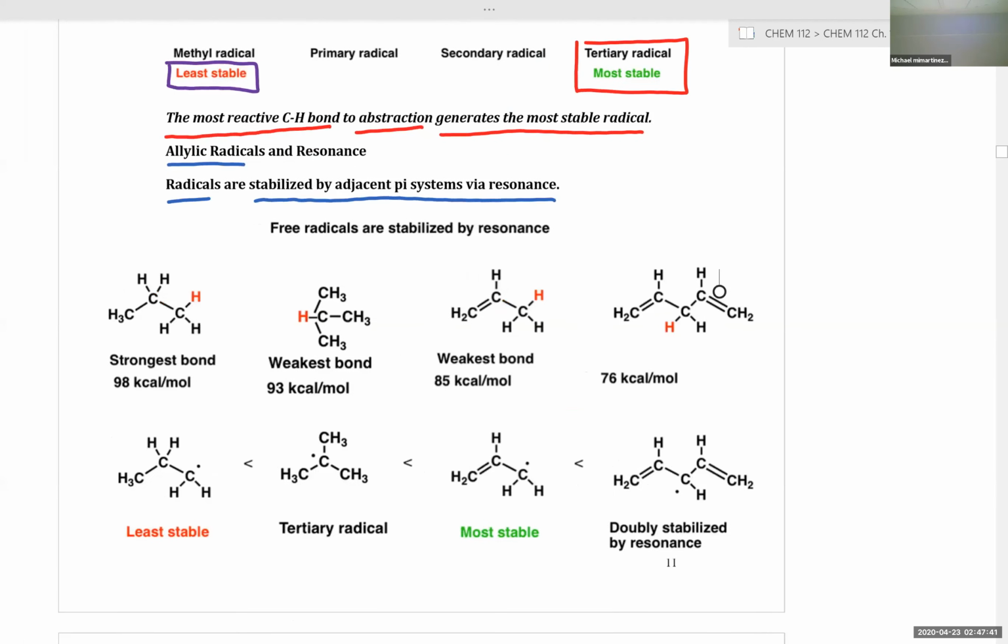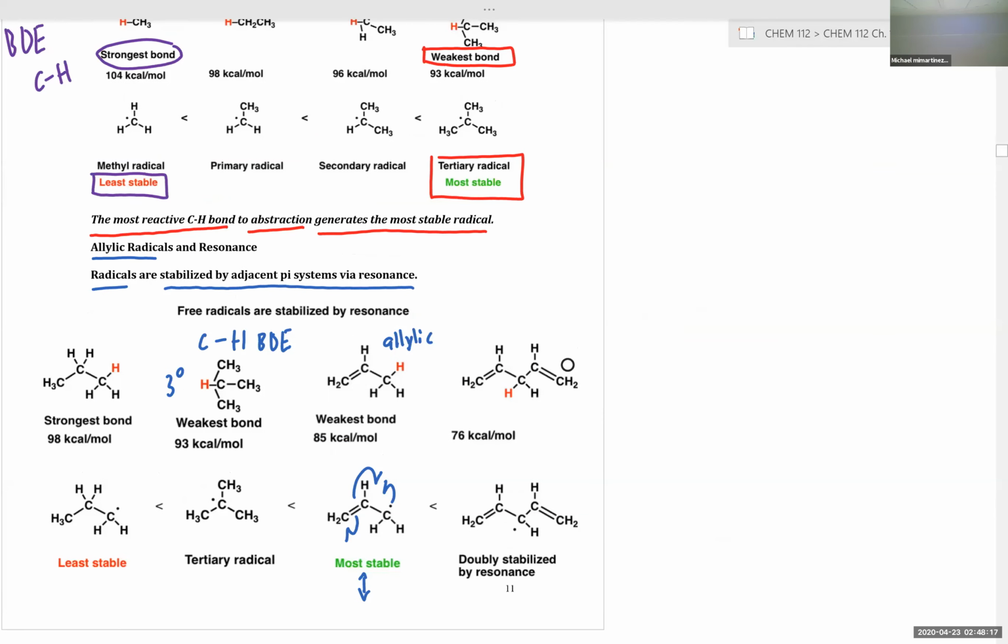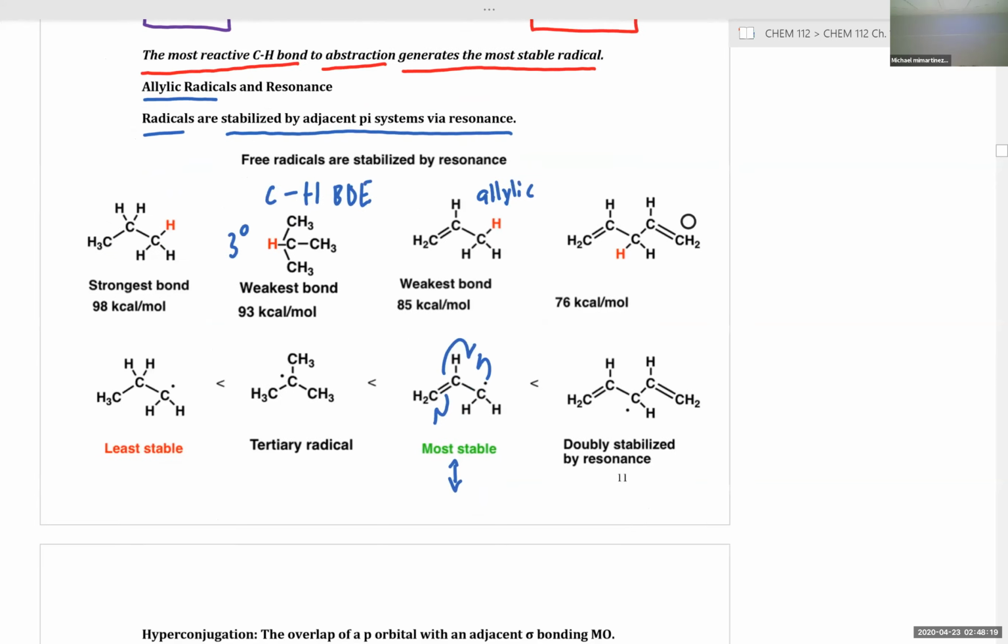So if we look at our carbon-hydrogen bond dissociation energy for our tertiary carbon-hydrogen bond, we see that a tertiary radical is relatively stable. However, an allylic radical, we call this an allylic radical, is even more stable because this radical can be delocalized through our pi system via resonance.